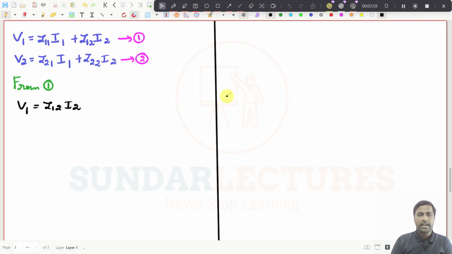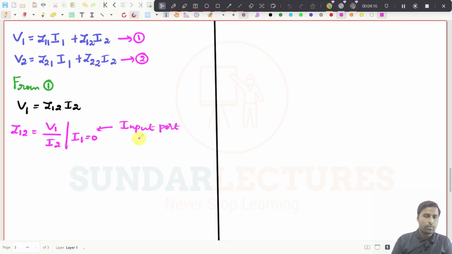So from here it is simple to write down the expression that V1 by I2, with respect to the input port being open circuited. Here the input port is open circuited, and very simply now it is very easy to understand.